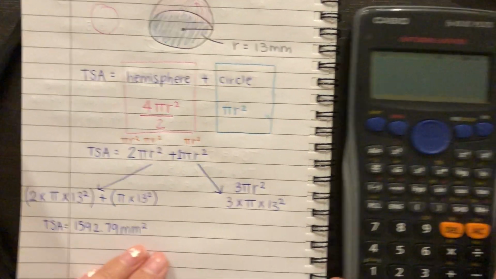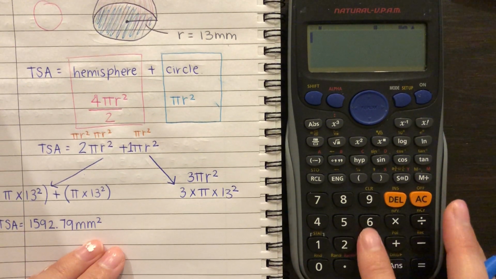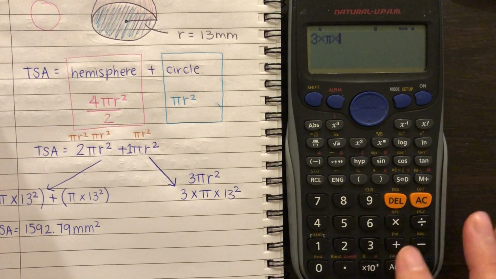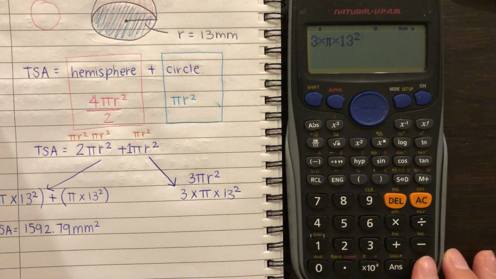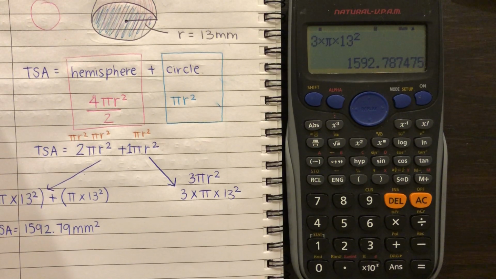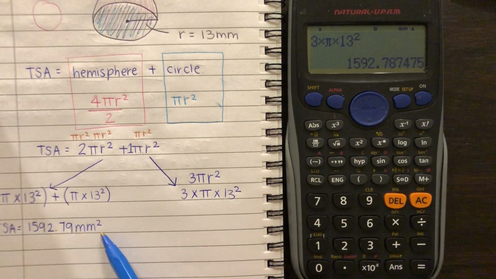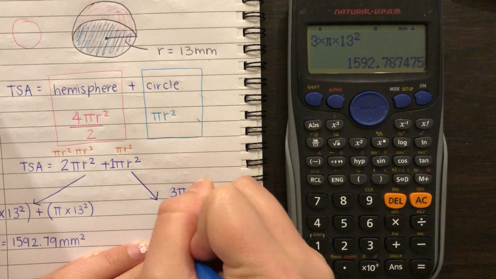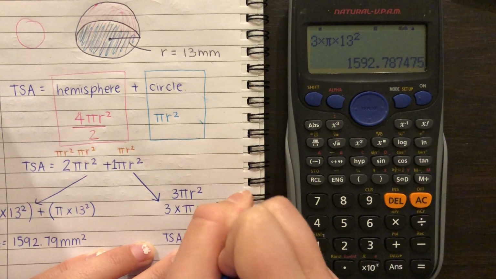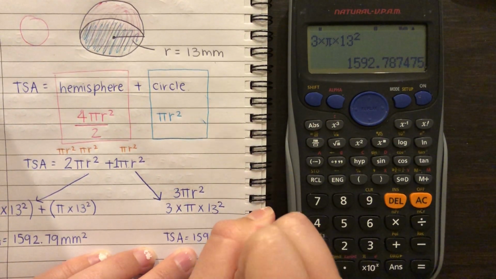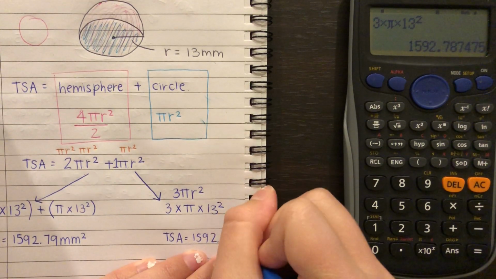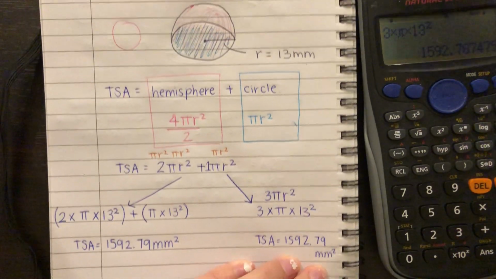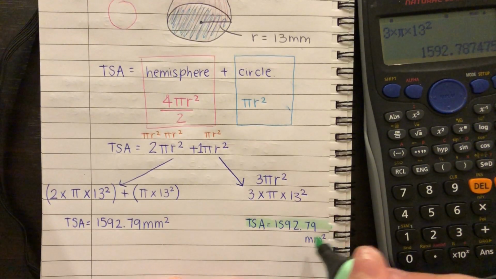Let's see if we get the same answer. 3 times pi times 13 squared equals, look at that, we get the exact same answer. Okay, I'll just write it down here as well. So we actually end up getting the exact same answer.